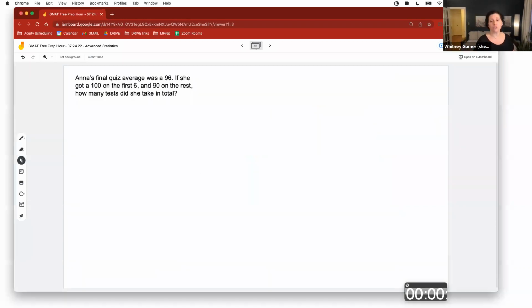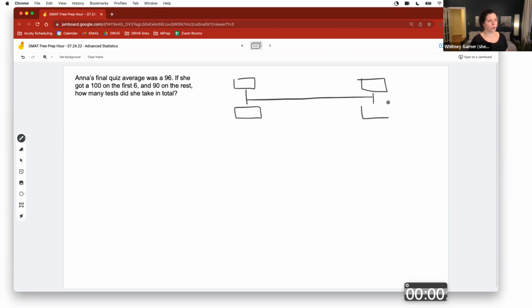Okay, so let's try this one. And again, maybe consider how would it fit into this same container, where what goes across the top is the quantity we're averaging, which, nothing has changed. We're still in the tests. Quantity we're averaging. And the bottom would be the weights, or how much each one pulls on.